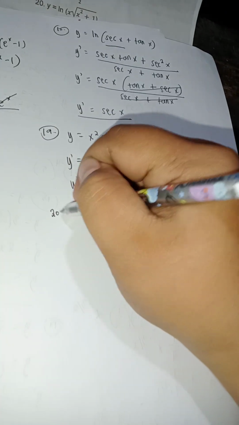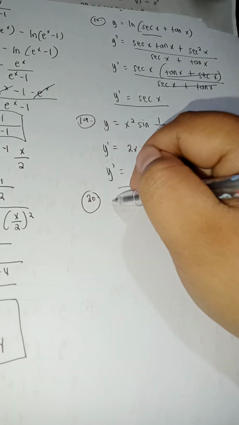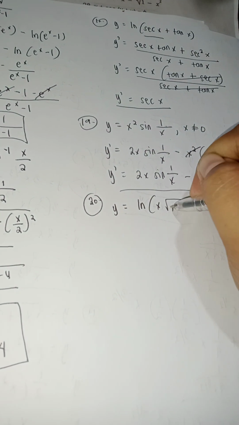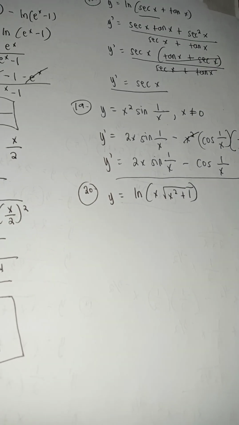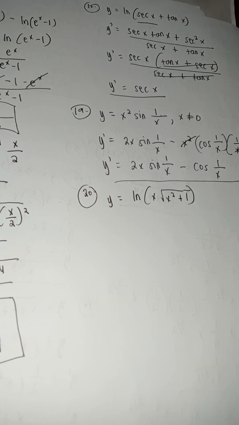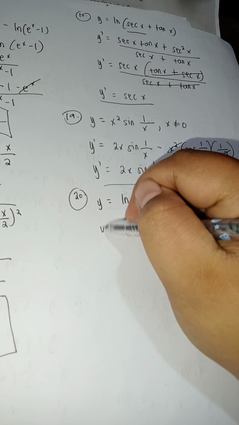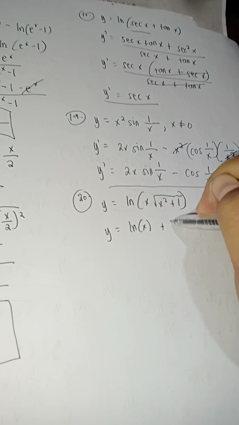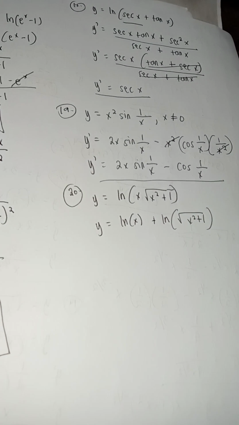For number 20, we have here y is equal to ln of x times the square root of x squared plus 1. By having that product inside the logarithm, we are going to expand it. So expand, so ln x plus ln square root of x squared plus 1.